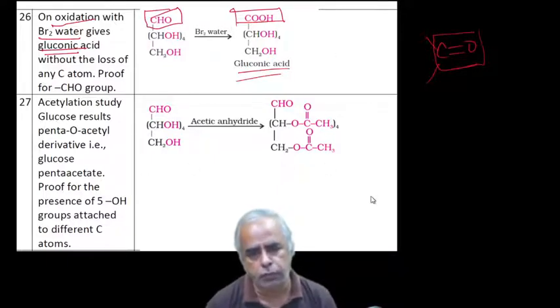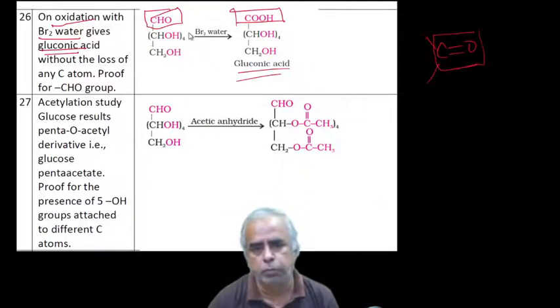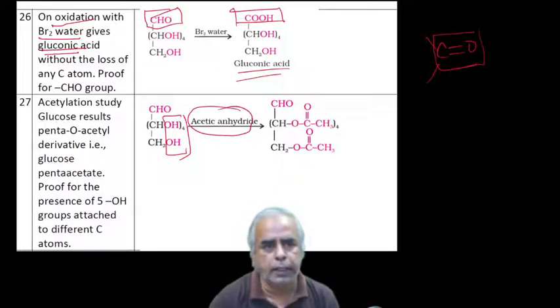That is another confirmation. After that, in order to show that it consists of 5 hydroxyl groups, 4 in the middle and 1 terminally, so totally 5 hydroxyl groups, all these 5 hydroxyl groups are capable of reacting with acetic anhydride. What is the formula of acetic anhydride?